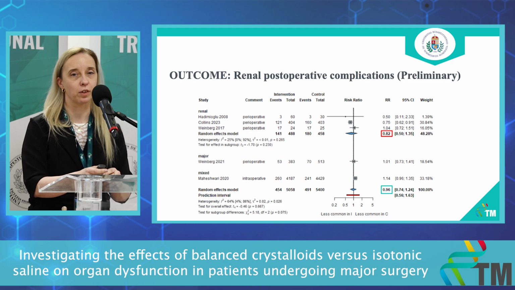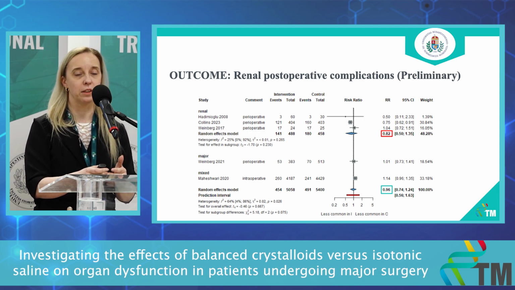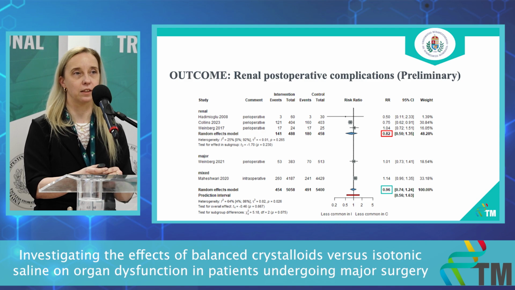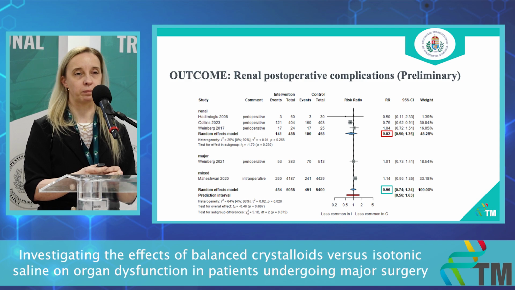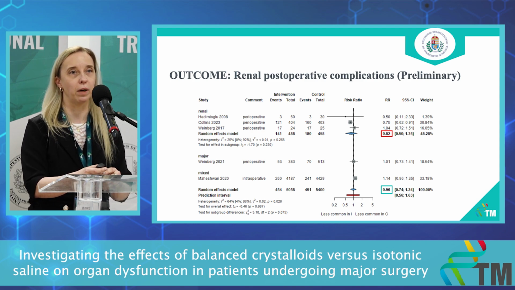That is important for us because these complications affect the morbidity and mortality of the patients as well as their long-term prognosis. You can see 5 articles in this plot. These are all randomized controlled trials, and we could analyze more than 10,000 patients in this part.